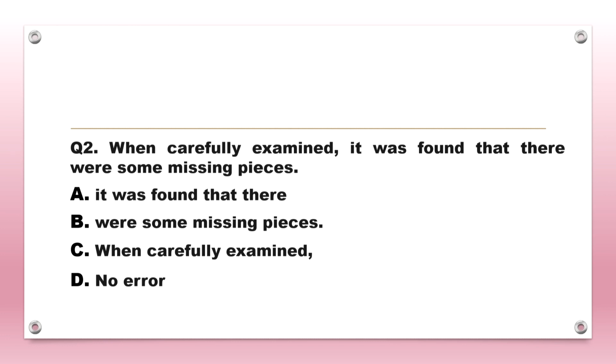When carefully examined, it was found that there were some missing pieces. In this sentence the error lies in option C. Now, carefully is an adverb of manner, and adverbs of manner are generally placed after the verb. Hence, in the above sentence carefully will come after examined. Examined is your verb over here and carefully is your adverb of manner.